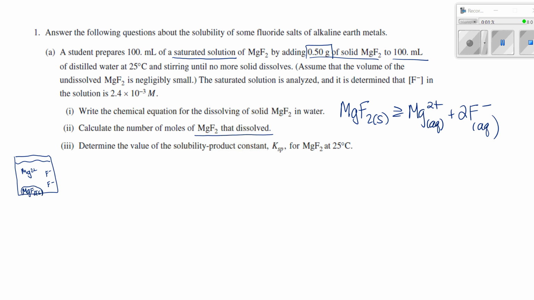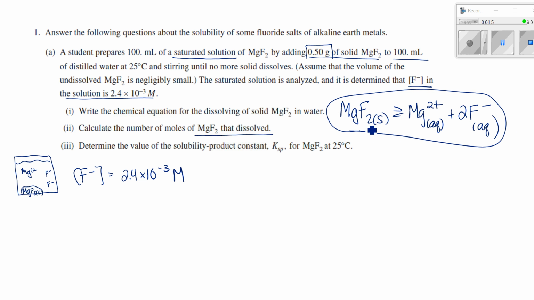Well, I know that once my solution reaches the saturation point, we measure the fluoride ion concentration and can figure out what it is. So the fluoride ion concentration is 2.4 times 10 to the negative third. From that, and using this chemical equation right here, I should be able to figure out how much magnesium fluoride dissolved.